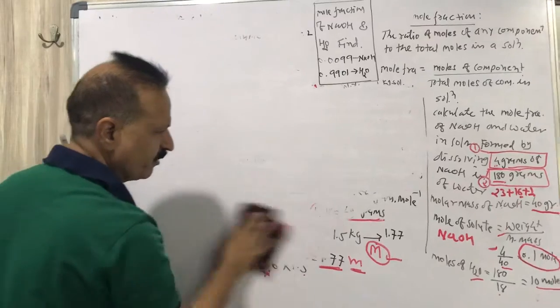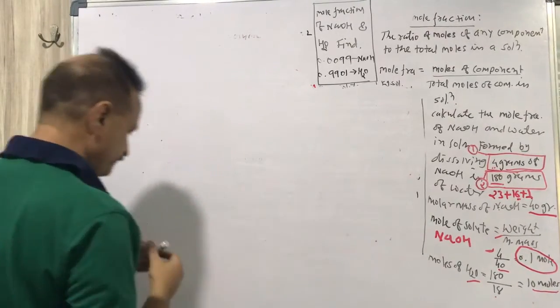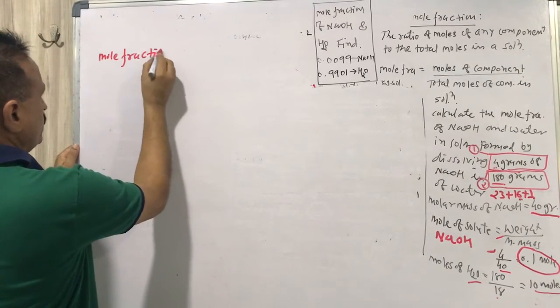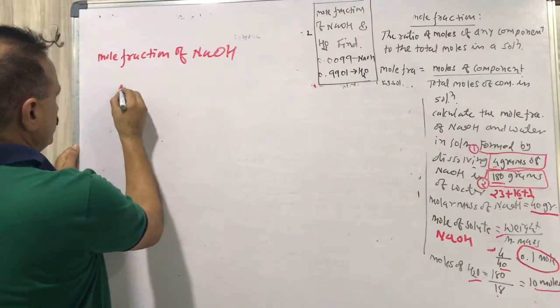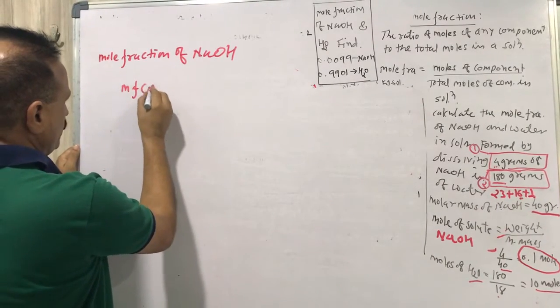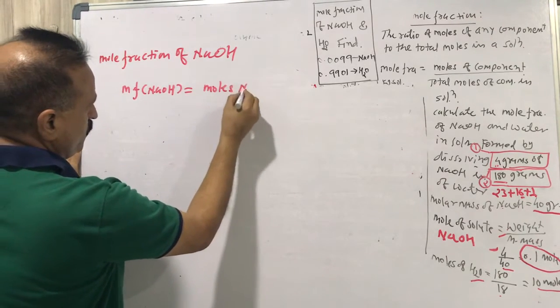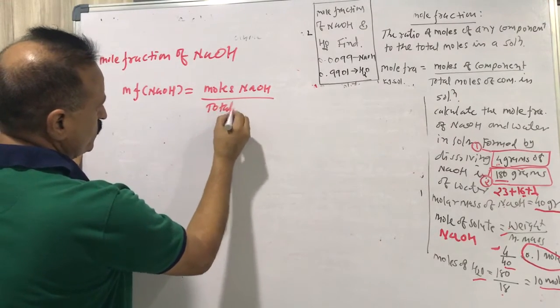Mole fraction of NaOH equal to moles of NaOH upon total moles.